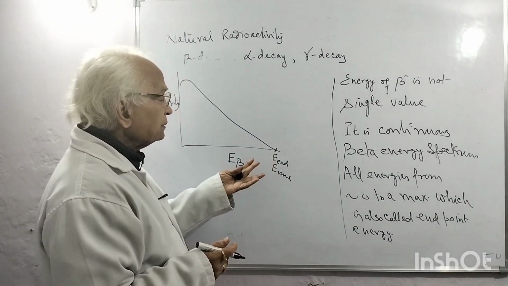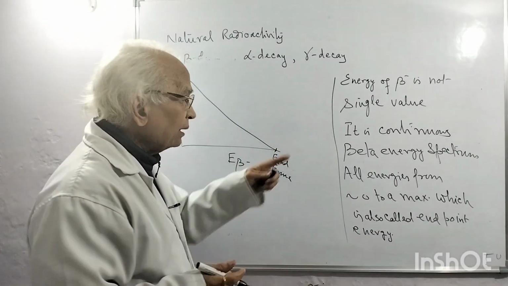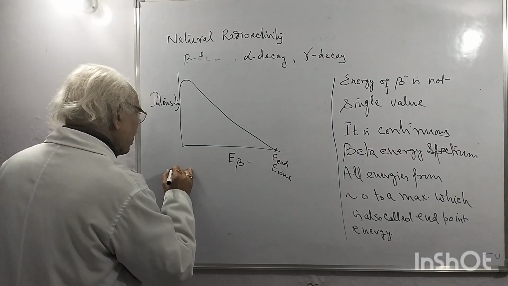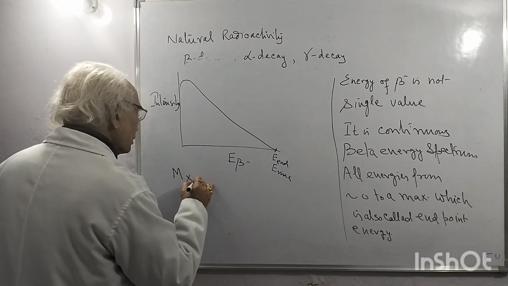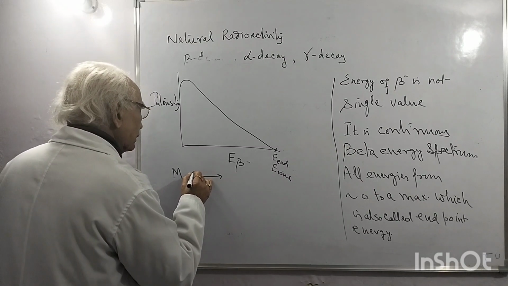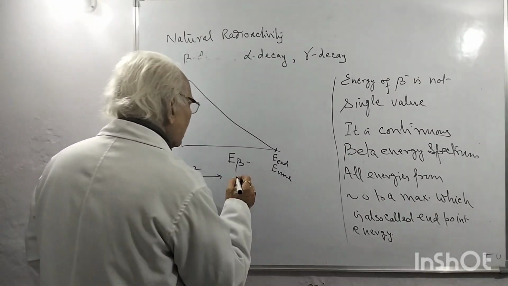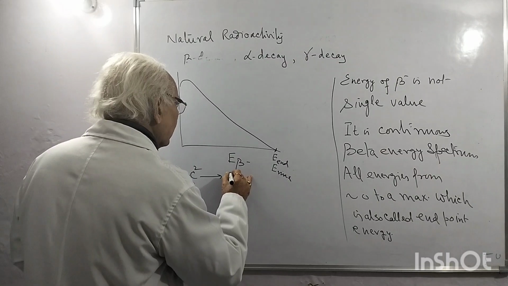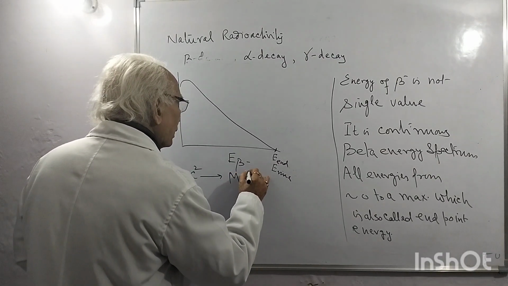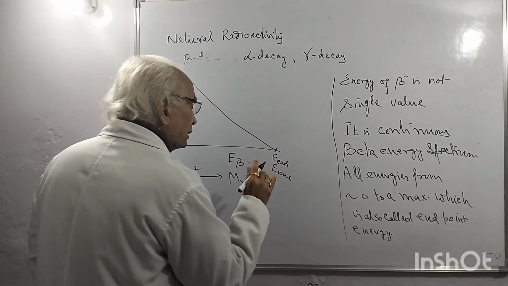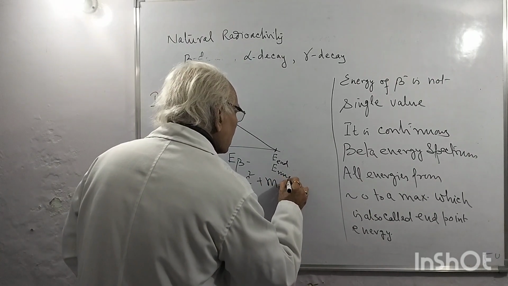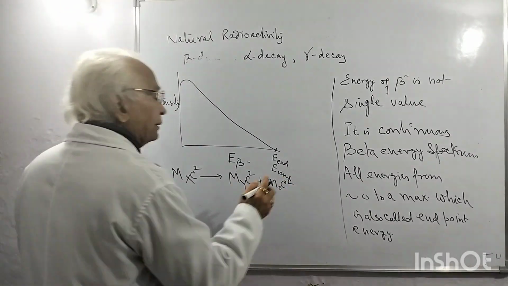So how can this be explained? Because you have the Q beta there, you write the equation: the mass of X, in units of energy, mass of X times c squared, equals the mass of Y times c squared, plus the electron mass, the beta particle m naught c squared, and then Q beta.